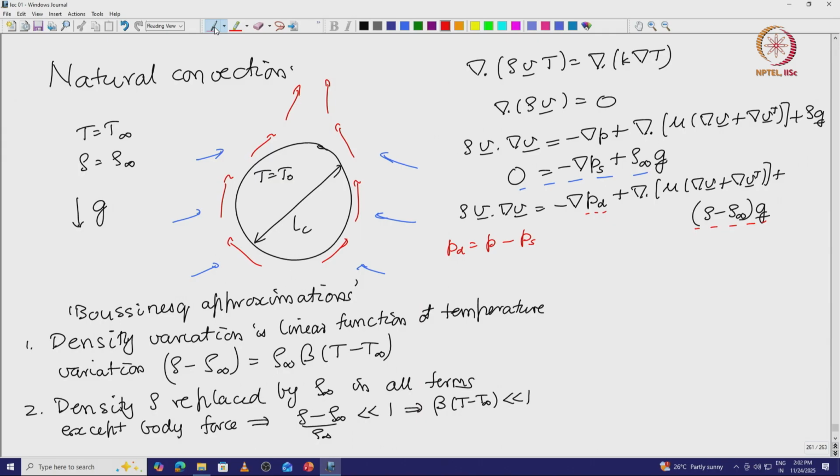This is due to the body force that is automatically generated by the temperature variations. So, that is why it is called natural convection, and for this we have to solve the energy equation together with the mass and the momentum equations.